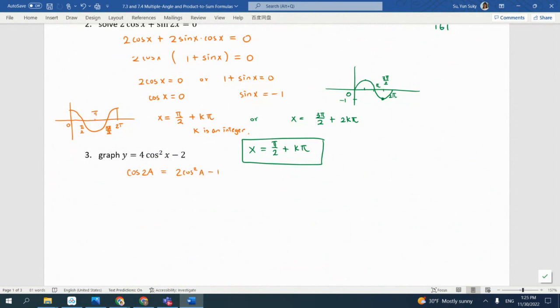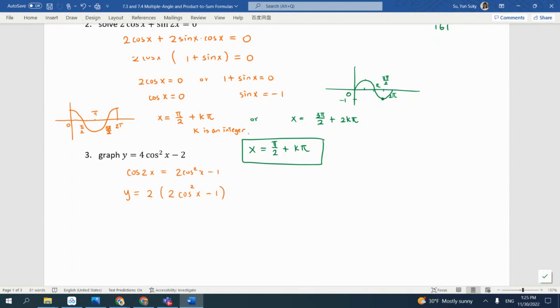Here, our a is like x. Right, everybody? So our y, do you see the common factor 2? After you factor out the 2, do you see we get 2 cosine square minus 1? Yeah, everybody?